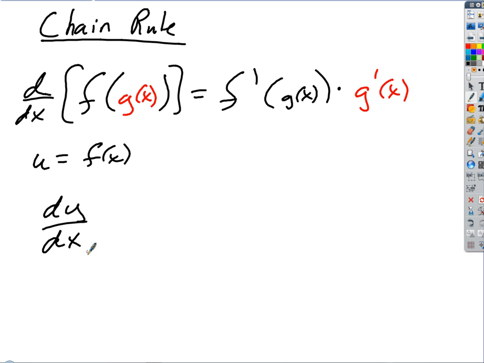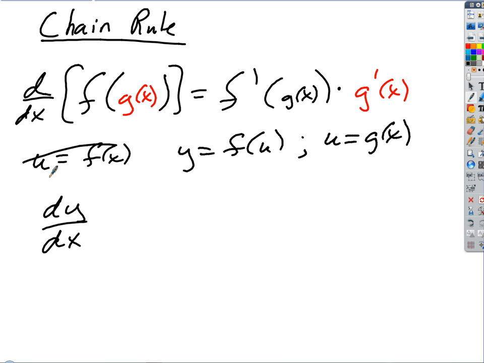What am I trying to say here? y equals f of u, be careful with that, where u is some g of x. So y equals f of u.